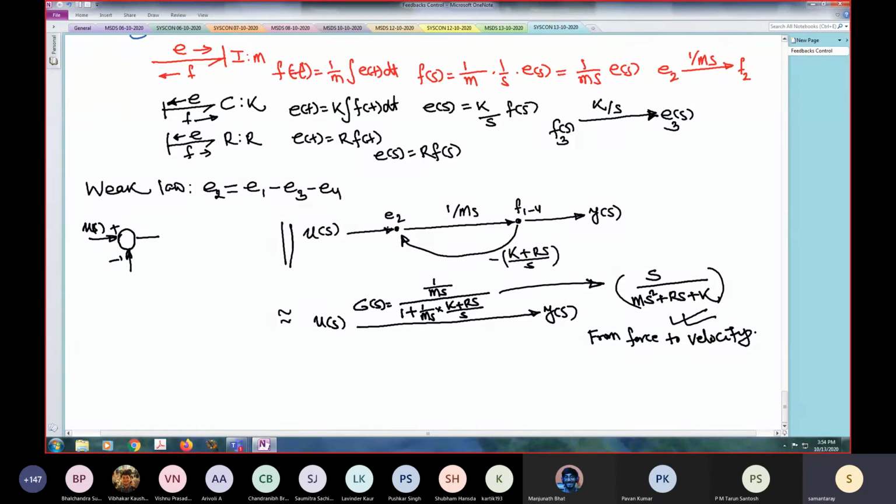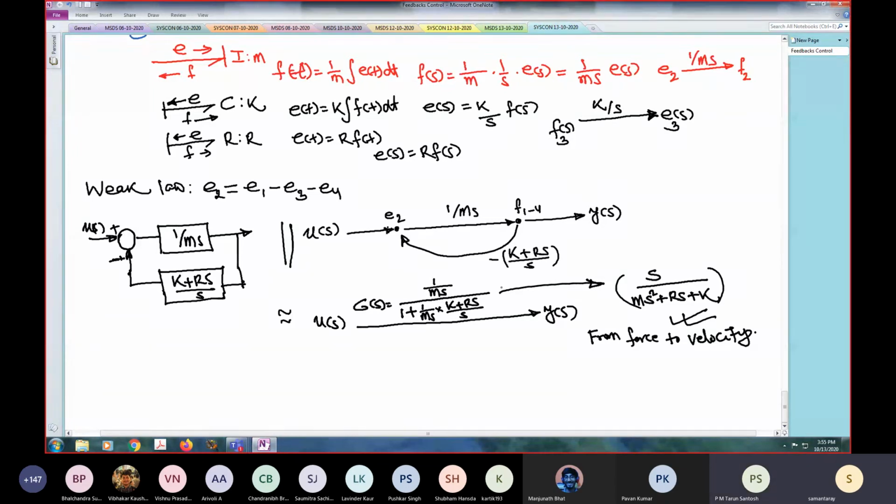Minus I have taken out. 1 by MS. And here that HS is our K plus RS by S. This is plus, this is minus. Is that the same? Yes, sir.